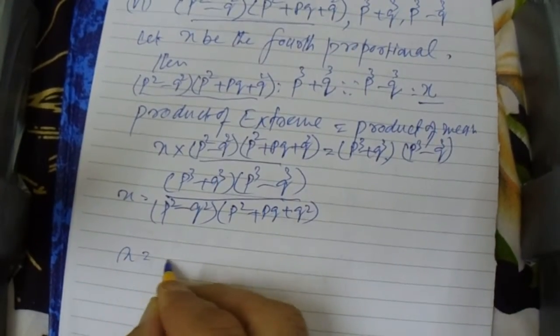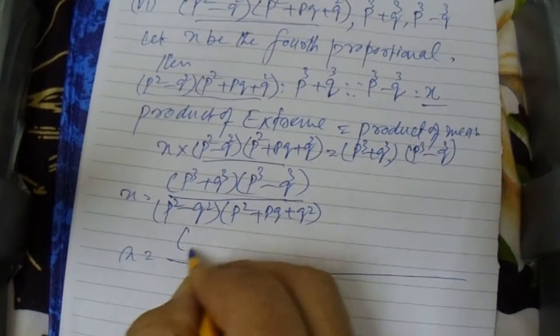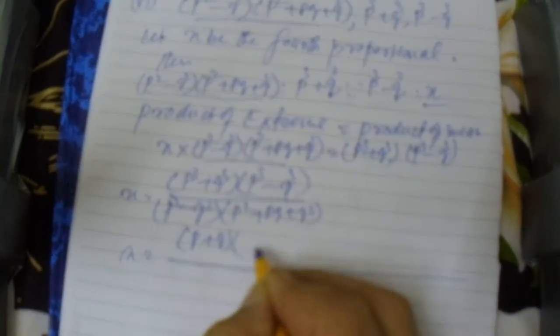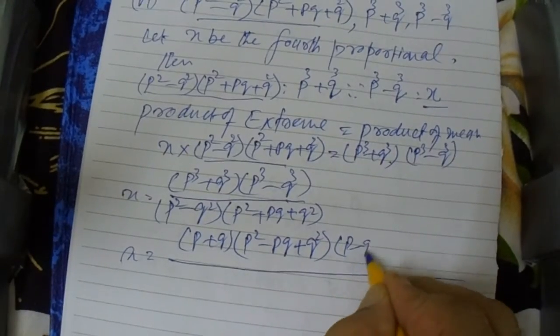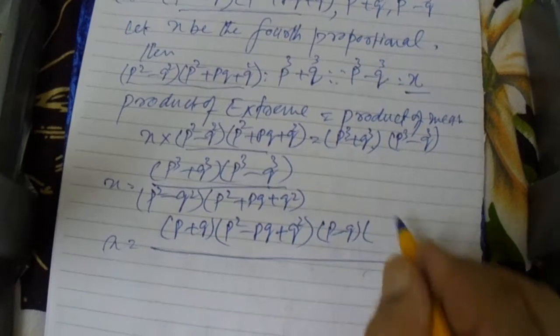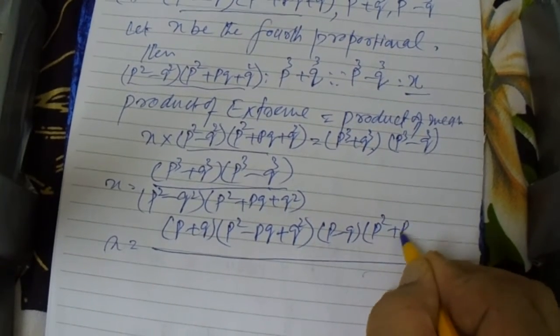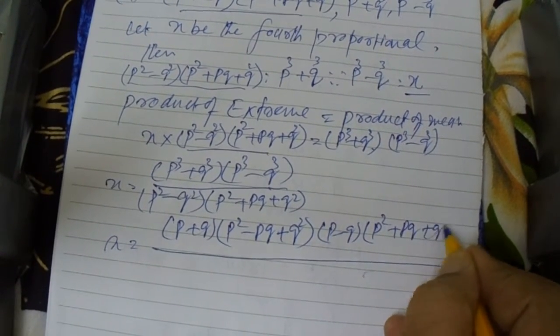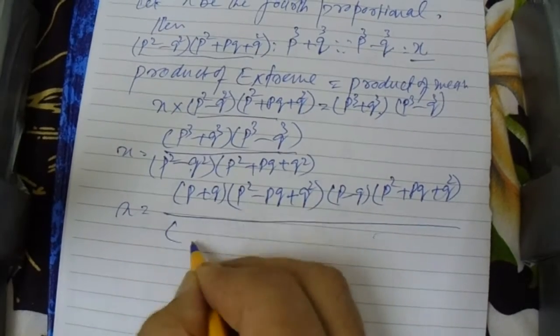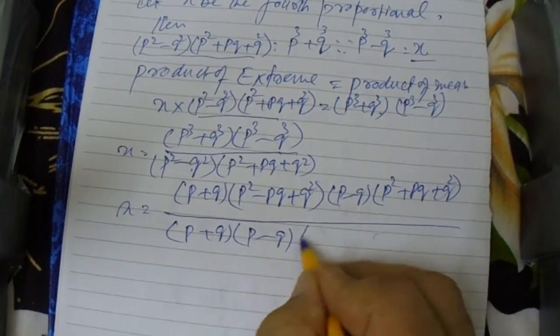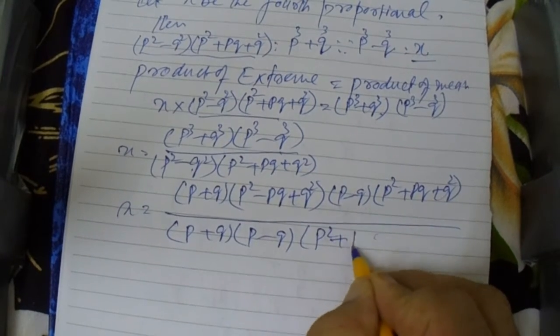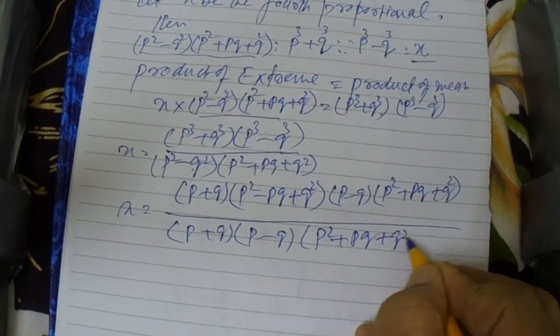Now open the formulas. This x is equal to P plus Q into P square minus PQ plus Q square. Again write this P minus Q and into P square plus PQ plus Q square. Write also open this P plus Q into P minus Q into P square plus PQ plus Q square.